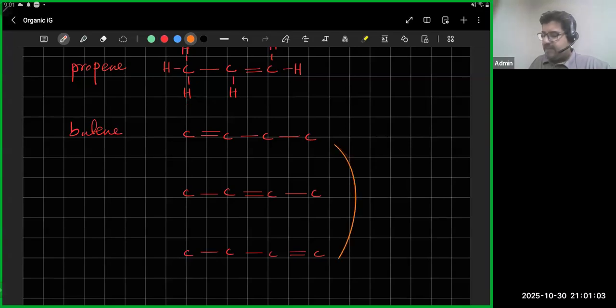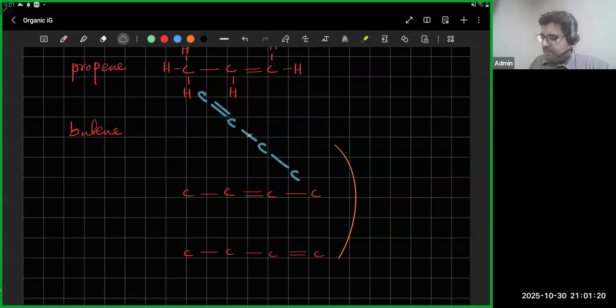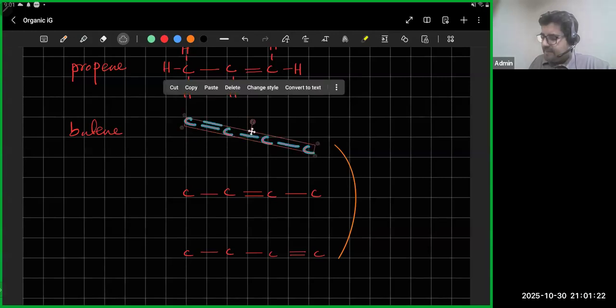It's just a flipped around version. If I pick this up and rotate it, the double bond is now on the right side. So remember, the first and the third are exactly the same. Is this clear?